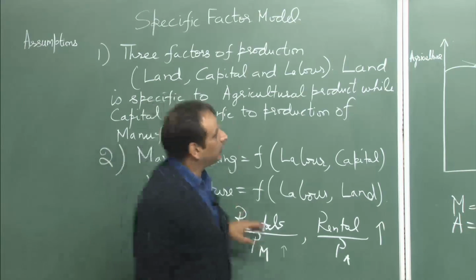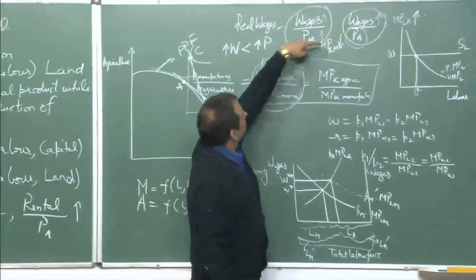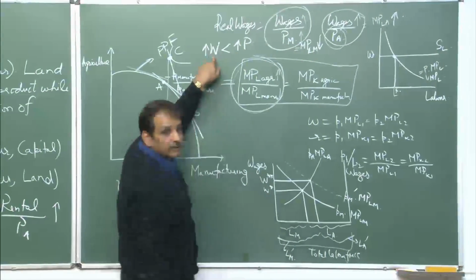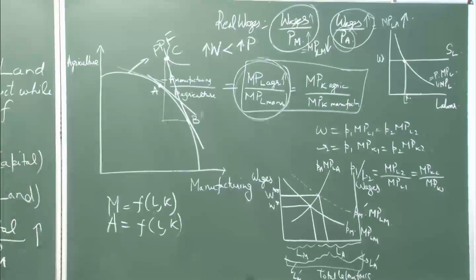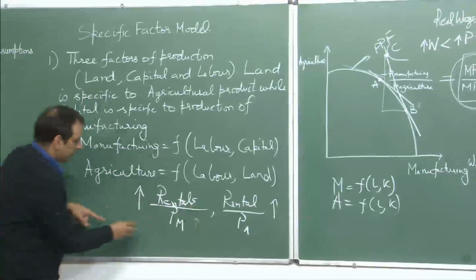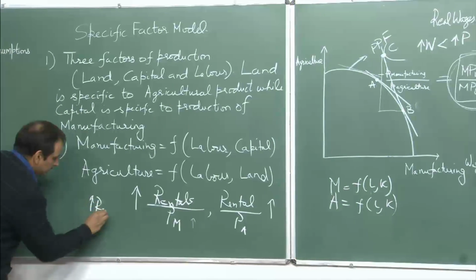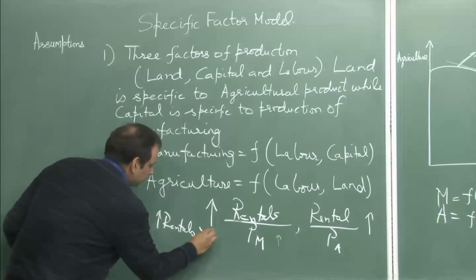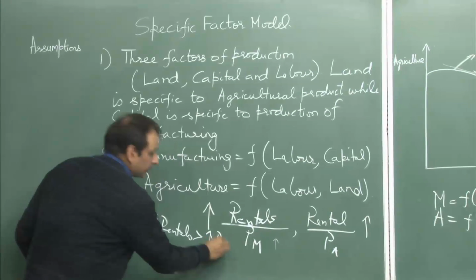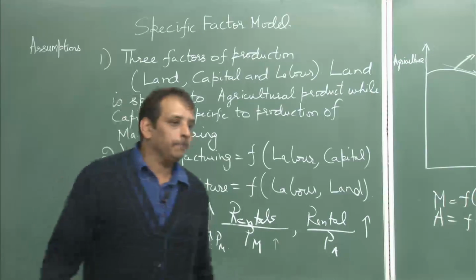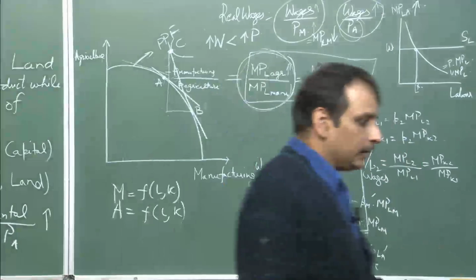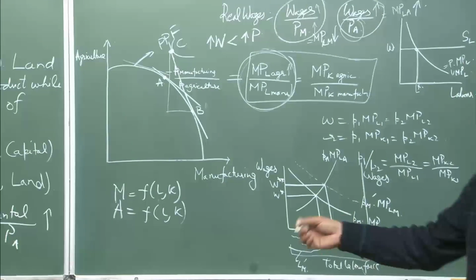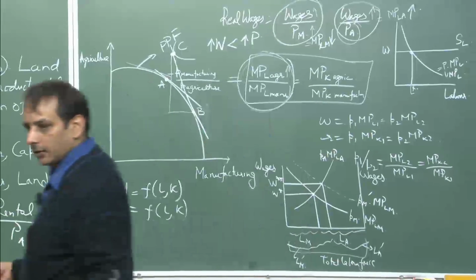Here you said that this has gone down because the increase in wages is less than the increase in prices. Here, for this to go up, the increase in rentals has to be greater than the increase in the price of manufacturing. Feenstra and Taylor give certain numericals to prove this, you can have a look at it.